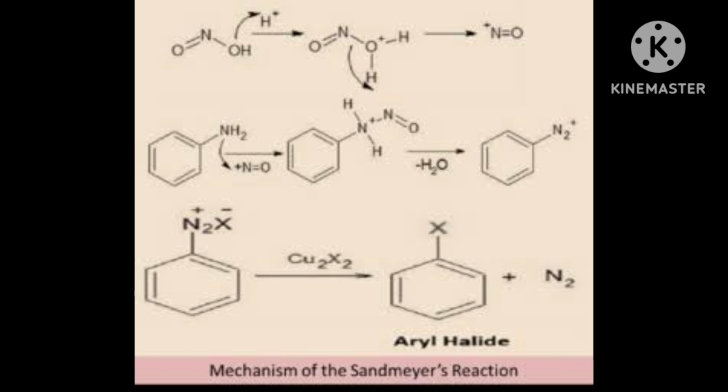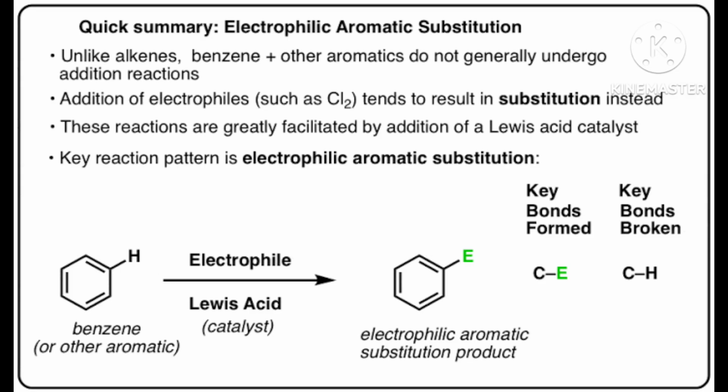Markovnikov's rule I have already discussed. Here we have CH3CH double bond CH2. This is propylene, or propene. CH3, then the second carbon CH, and the third carbon CH2, and between the second and third carbon the double bond is there.